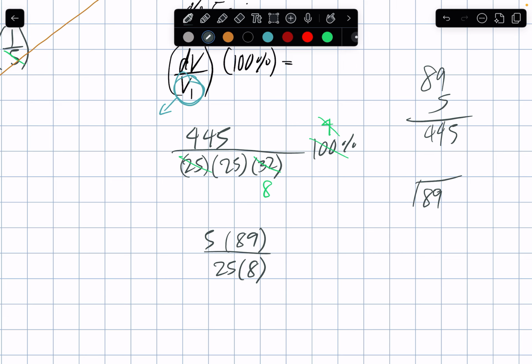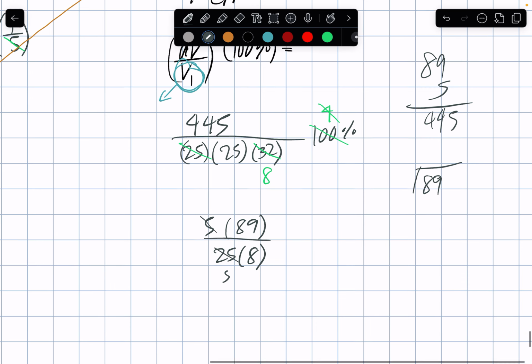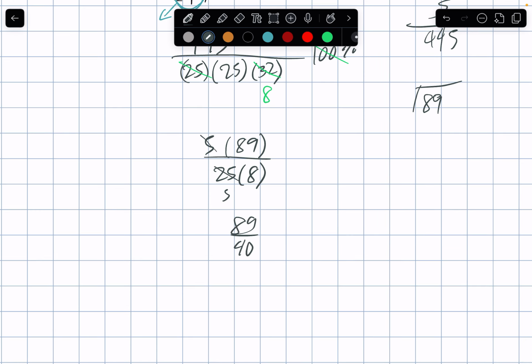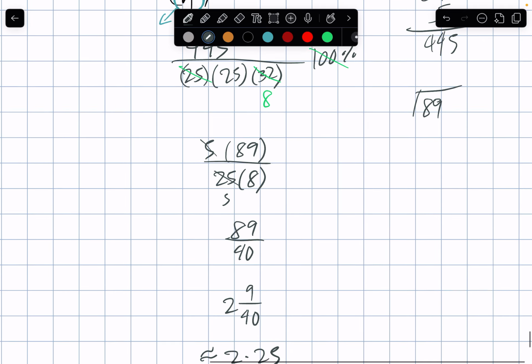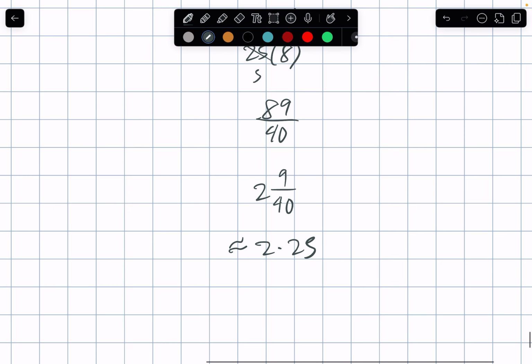Nope. 589 over 40. 9 over 40. 2 point, let's say 9 is 10. 1 over 4. 2.25 approximately.